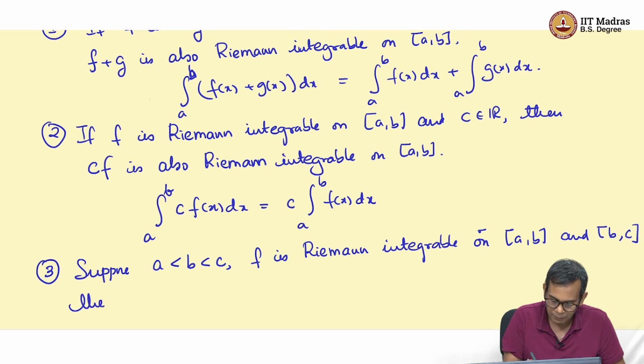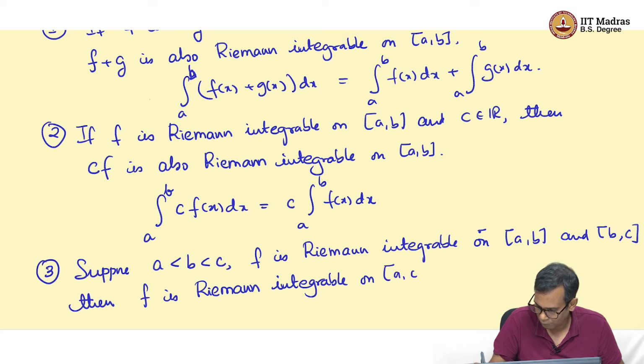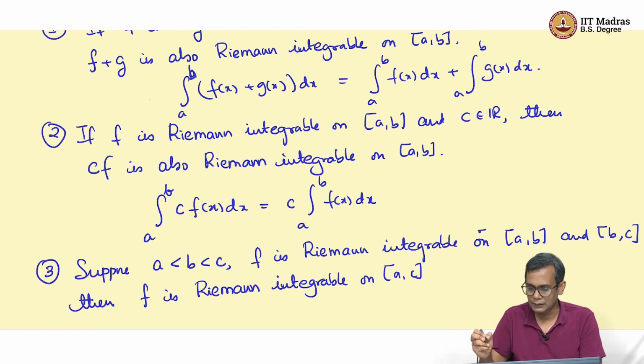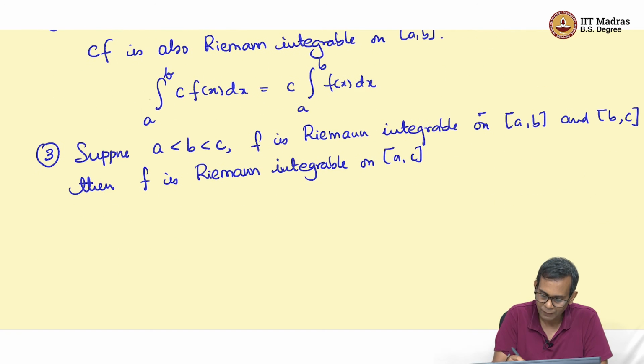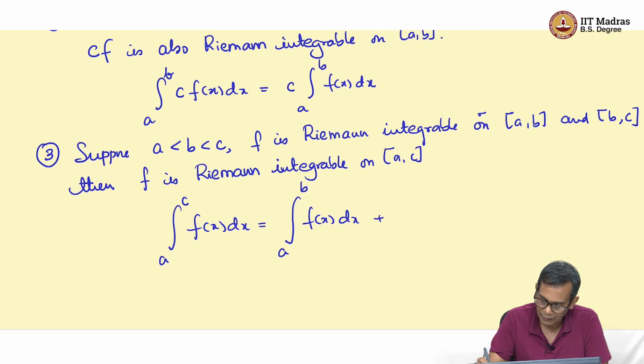Then f will be Riemann integrable on the combined interval a c, and the integral from a to c of f of x dx is going to be the sum of the integral from a to b of f of x dx and the integral from b to c of f of x dx.